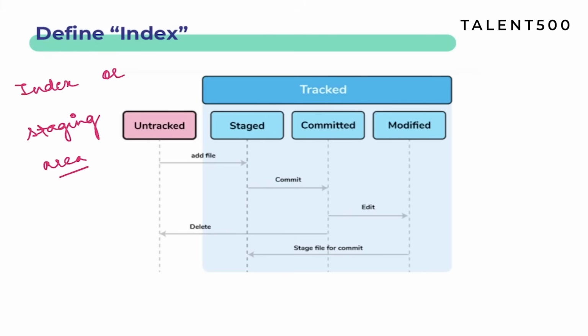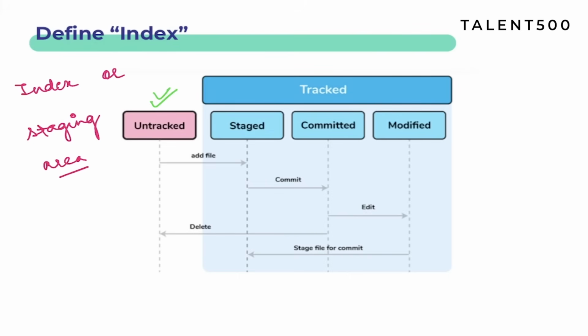Now let's talk about this particular image. What is happening here? You can see initially all your changes are going to come in as untracked. After that, we are going to stage them. When we add any file, it goes to the stage.